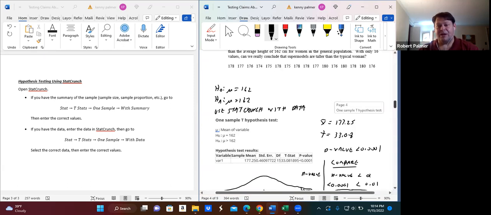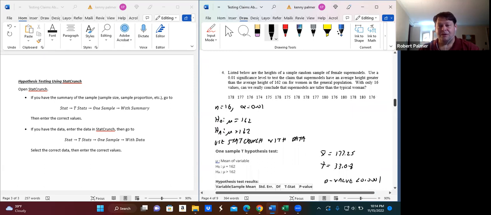Okay, so let's summarize that. The claim was that supermodels have an average height greater than the average height of women.